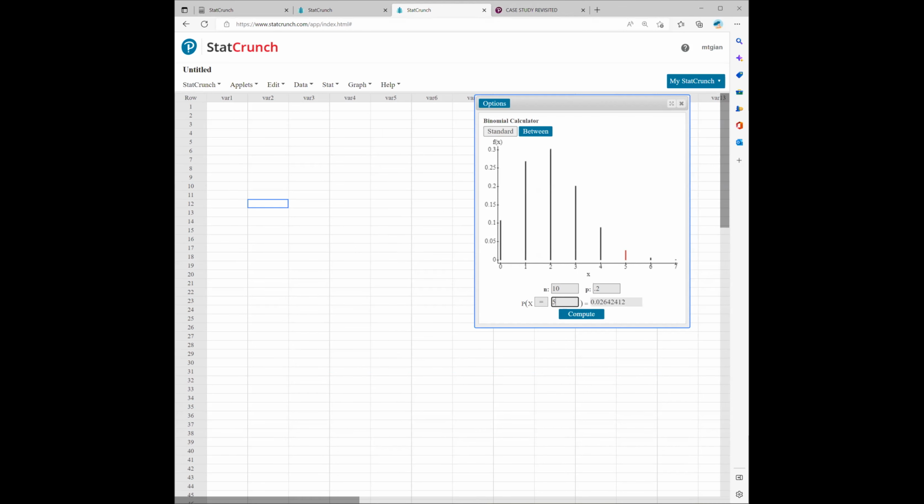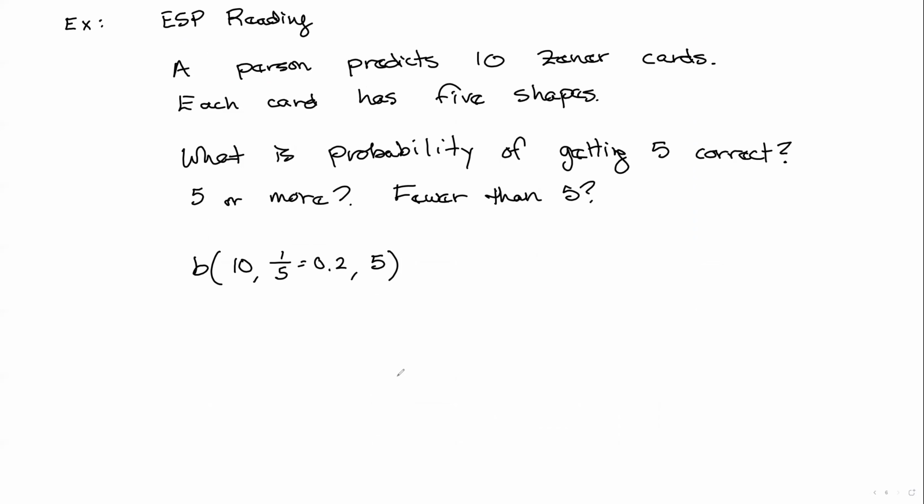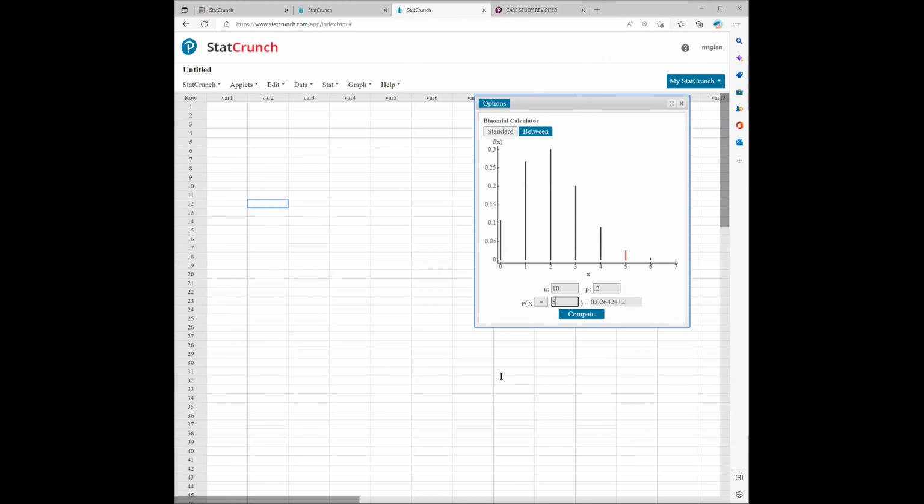You can read minds, or whatever ESP means. So this was about 2.6%. So that's pretty unlikely that you'd be able to get that correct.